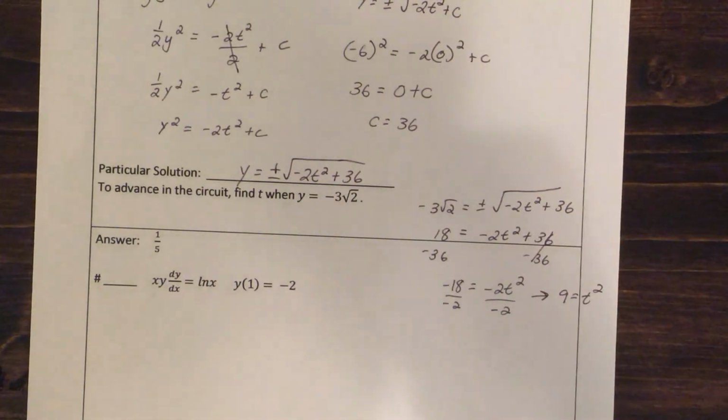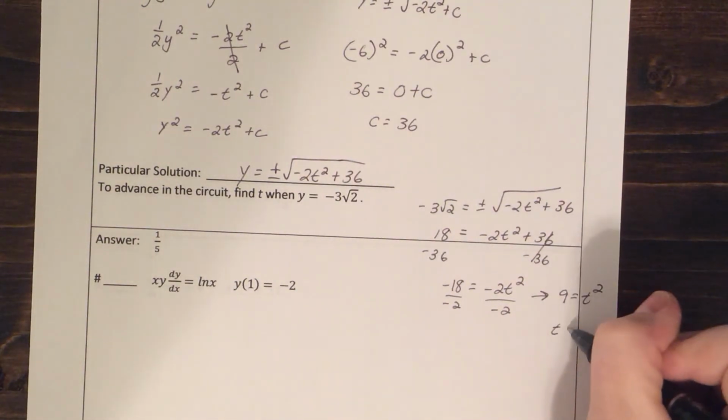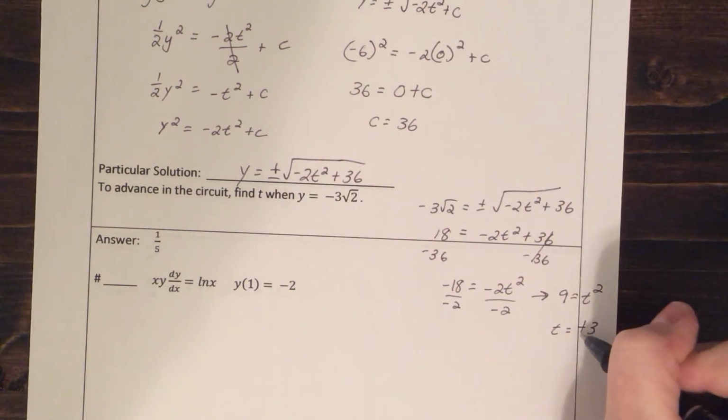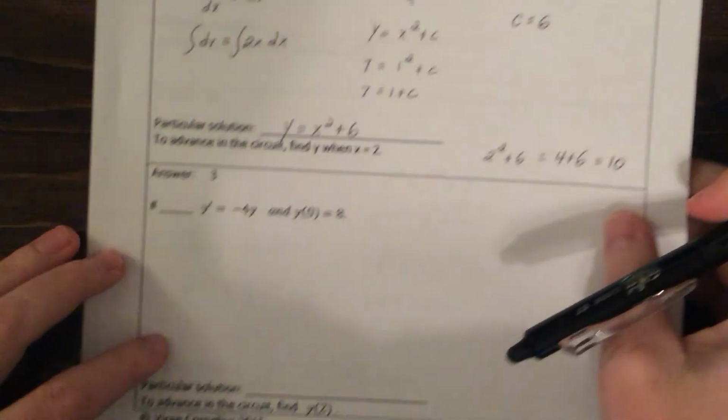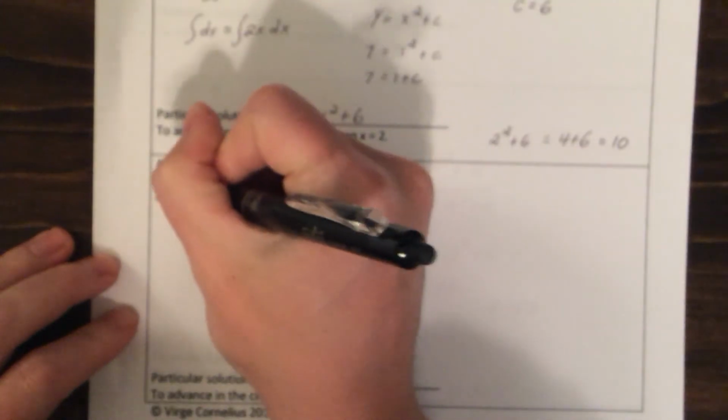That's going to be plus or minus the square root of 9 when I square root both sides. Okay, so plus or minus 3. So I want to look for where I have 3. And that's going to go back to the very first page. So this will end up being number 4.